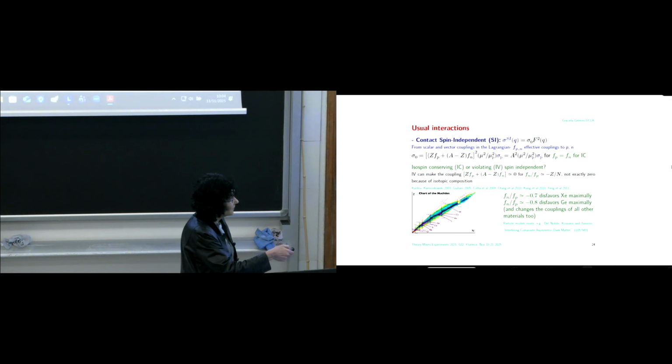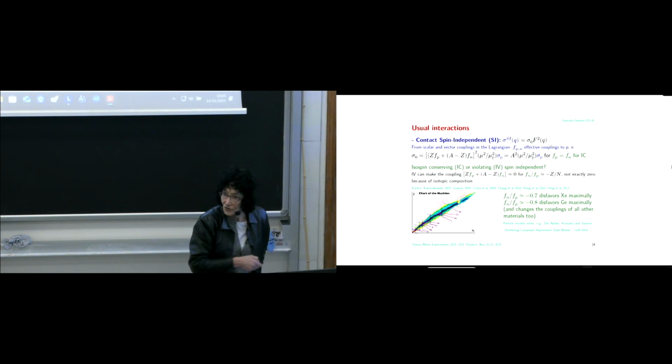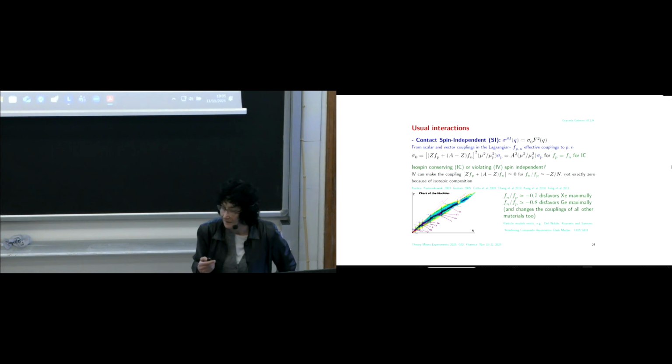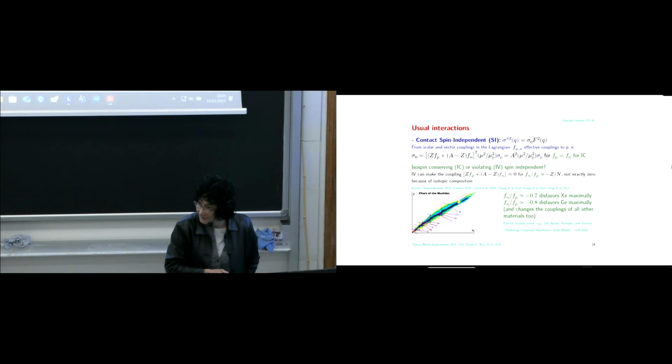This is the number of neutrons, N, which is A minus Z, and this is the number of protons in a nucleus. And you can see that it bends, so the number of neutrons and protons differs progressively. When you have heavier and heavier nuclei, they are more neutron rich.